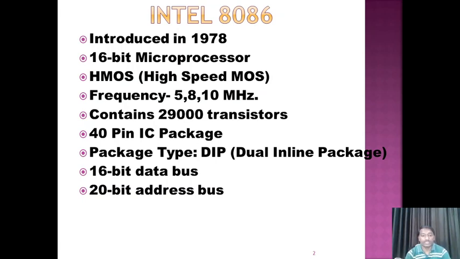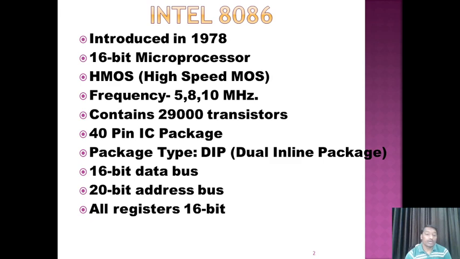The lower 16 bits, A0 to A15, are multiplexed with D0 to D15. It means the AD bus works in 2 ways. One time it carries either the lower 16 bits of the address bus or 16 bits of data, because data is 16 bit or it can be 8 bit also. If data is of 8 bits, it can be carried by either the lower byte or the higher byte, meaning pins D0 to D7 or pins D8 to D15. But by default, pins D0 to D7 are used for 8-bit data.